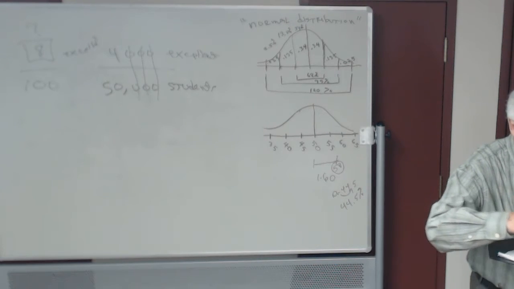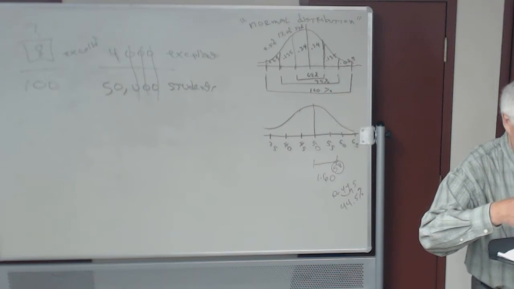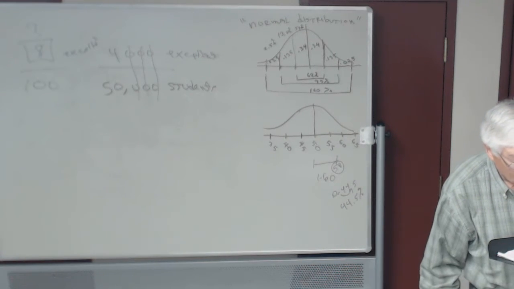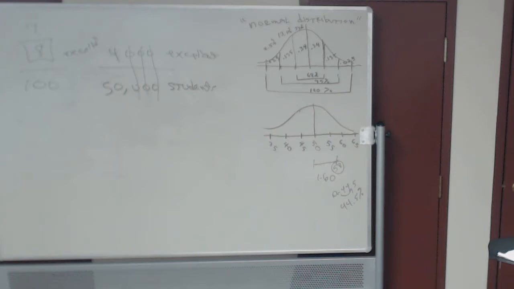What are they? 2 and 4. 2, 4. Enter. What's the next one? 3 and 4.2. 3, comma, 4.2.